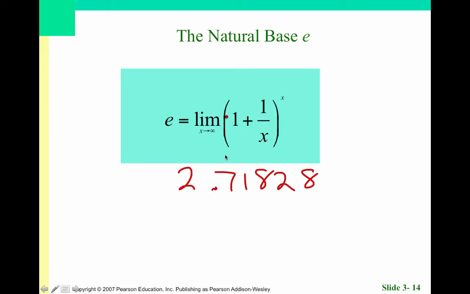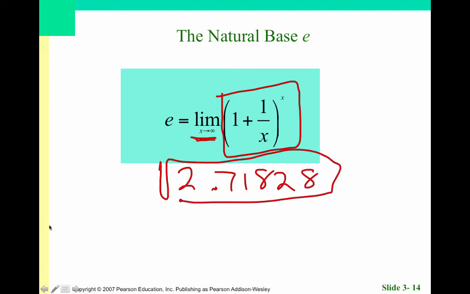You get it if you put this into your y equals and then look at the table as the table grows. As we approach infinity, you will approach this number. So if you did an xy table, if I put a 1 in here, 1 plus 1 over 1, that's 2. 2 to the 1 is 2.